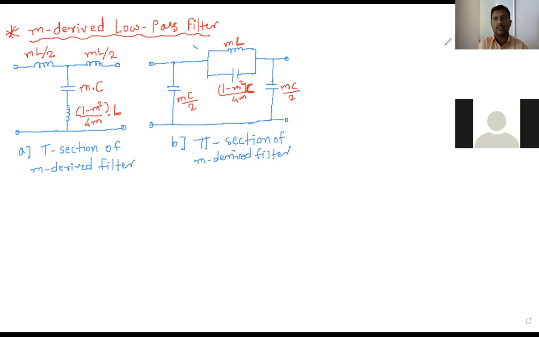So we are going to discuss some points here related to the M-derived filter, and then we are moving towards the design of the M-derived filter. Okay, so we can start now.